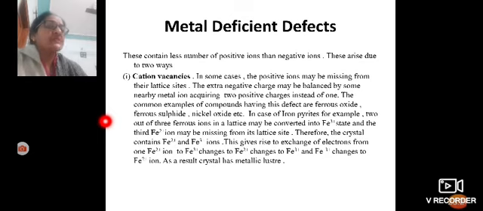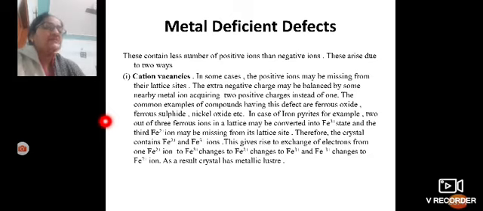In the case of iron pyrites, for example, 2 out of 3 ferrous ions in a lattice may be converted into the Fe3+ state and the third Fe2+ ion may be missing from its lattice site.